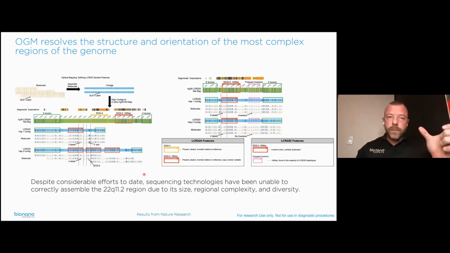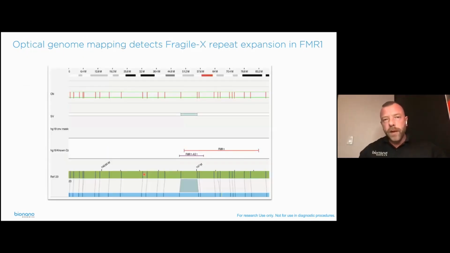And segmental duplications being very long repeats are one part. There's also shorter repeats that matter. One example is fragile X mental retardation, which is caused by a repeat expansion in the FMR1 gene. It is standard of care that in a child with developmental delay or intellectual disability, a chromosomal microarray is run to look at structural variation, and a fragile X test is run separately as well.